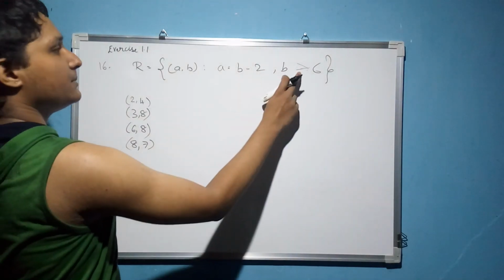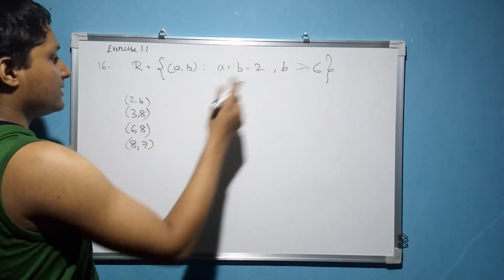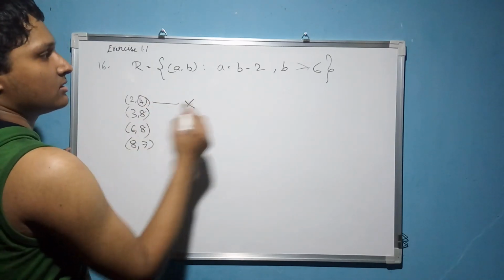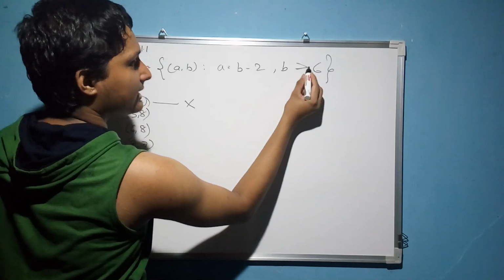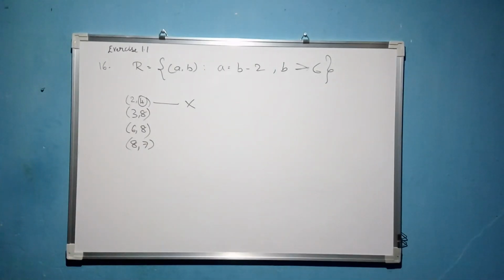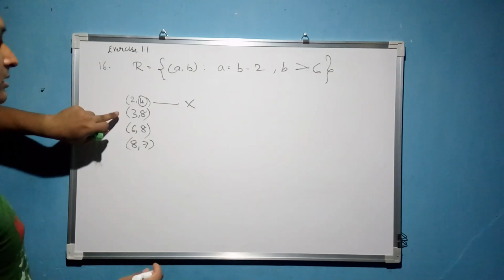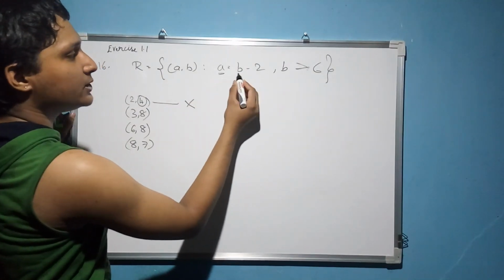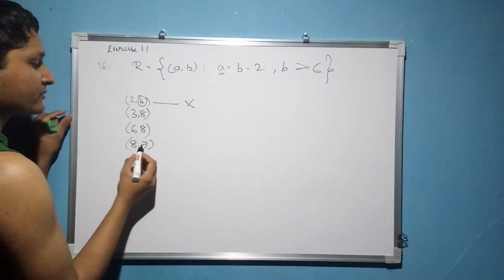So here B should be greater than 6. So with this choice you can avoid, because B is 4, but here B is given to be greater than 6. This is not possible, right? In every case, the first number should be 2 less than the second number.